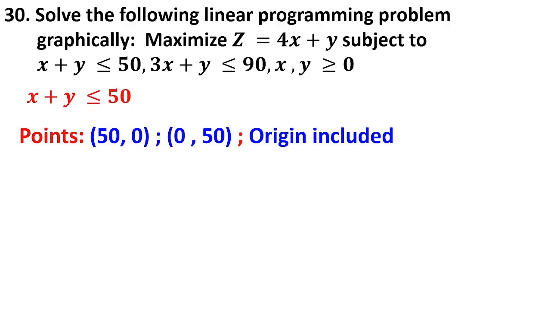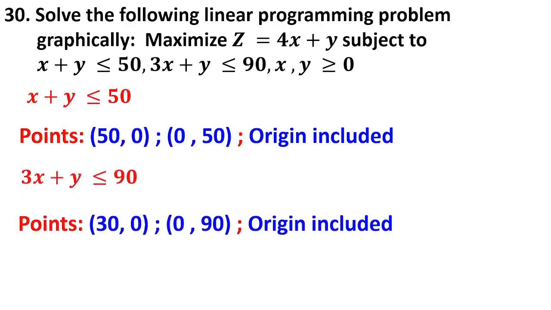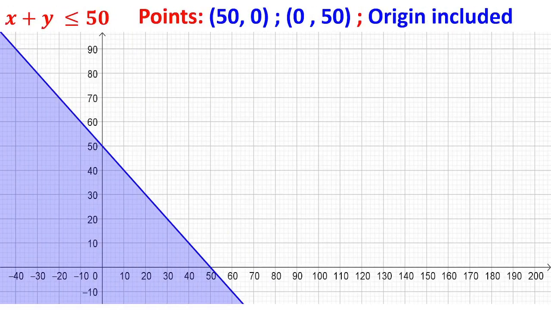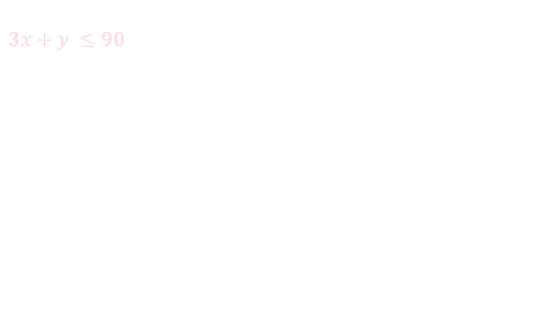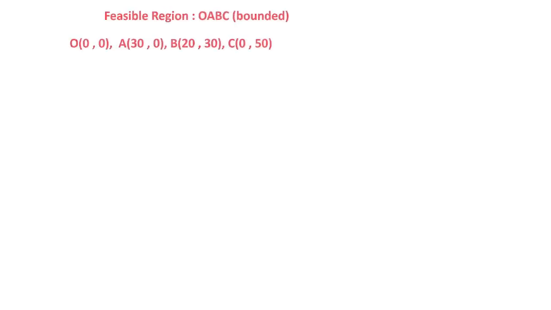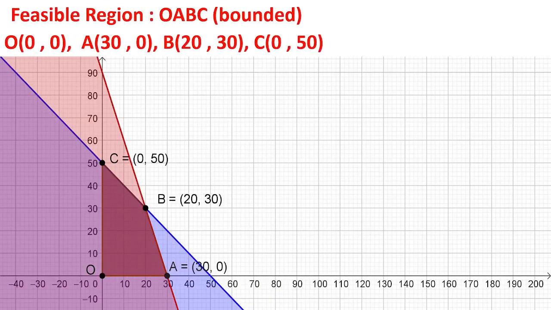For the question number 30 once again, maximize. x plus y less than or equal to 50. Points are 50, 0 and 0, 50. Origin included. And 3x plus y less than or equal to 90. Once again, origin included. 30, 0 and 0, 90. First graph. The second graph. And you are seeing the included region now. This is the OABC.